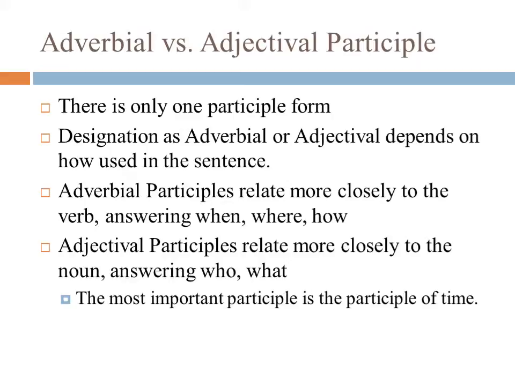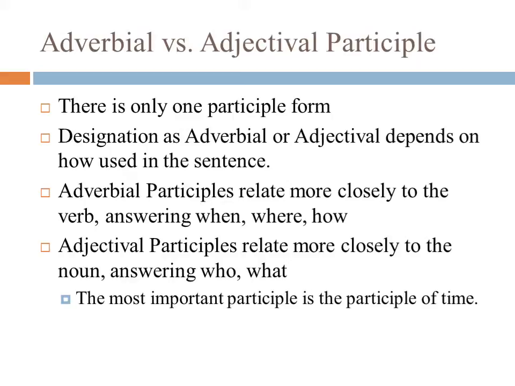And the designation of an adverbial or an adjectival depends upon how it is being used in the sentence. That's all it is. It's the same word. It's just that sometimes in the sentence it will be used usually as an adjective, and then sometimes it'll be used as an adverb. Like in Greek, almost any adjective can also be used as an adverb if it is in that relationship.